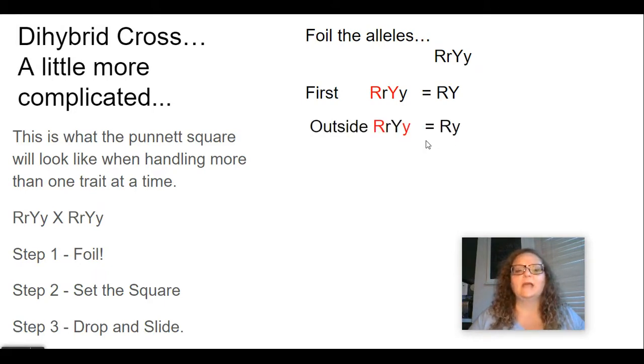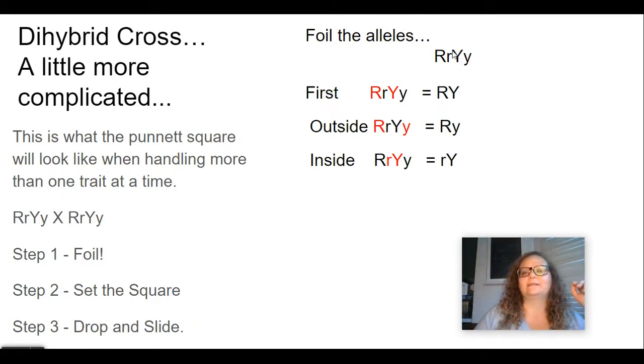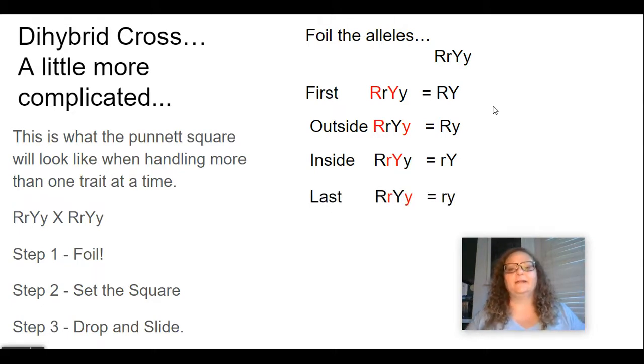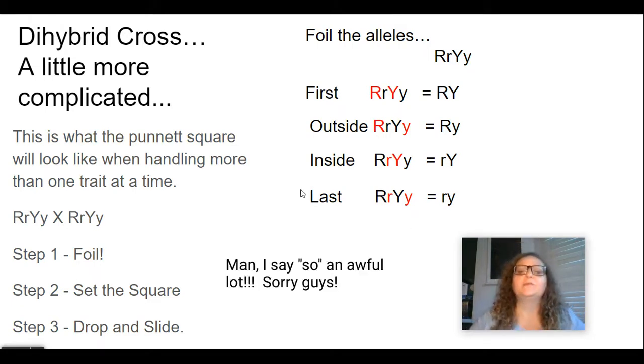There's our outside. Our inside is little r, big Y. And of course, finally, our last is this little r, little y. So there we go. First, outer, inner, last, FOIL. Cool. So this is what's going to go on our Punnett square.